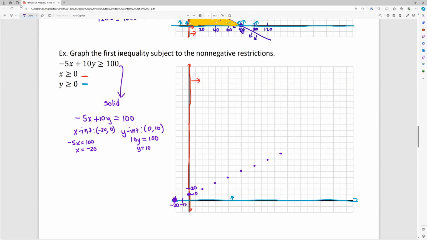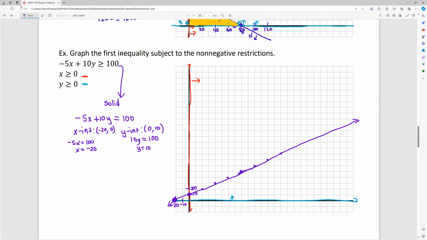That way you can see a better way of drawing it, since those are so close together. Now, if I was drawing this on my own paper and I didn't have a pre-made graph, I probably would have gone further out to the left. But a lot of these are going to be in the first quadrant when we're done, so that's the reason that we like to only draw a first quadrant graph.